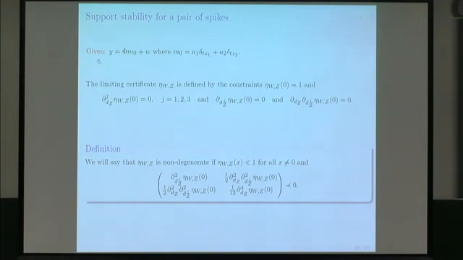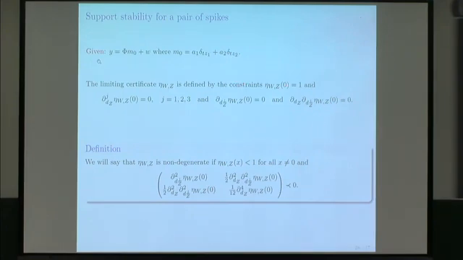So looking at this limiting certificate, we are able to say whether there is a negative result or not. And this last result I want to show you is a positive result. We're looking at a special case where we're trying to super-resolve a pair of spikes of this form. The limiting certificate is now defined by these constraints.